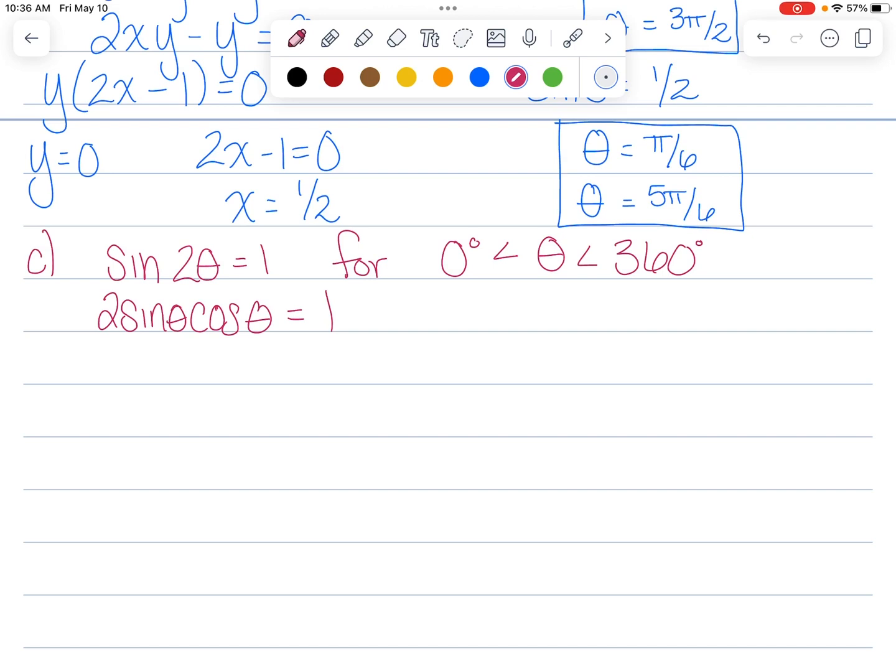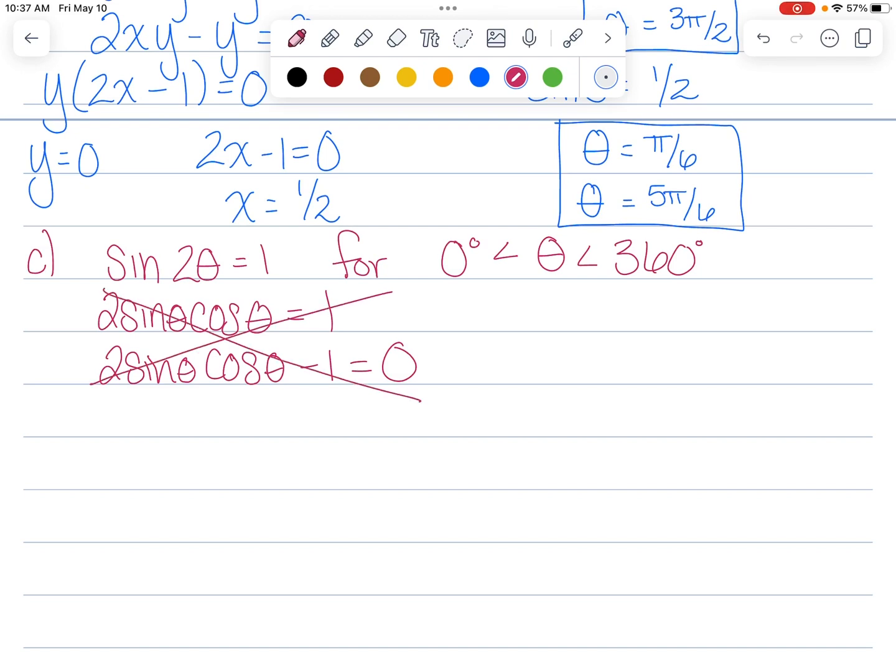Now, in order to work with two different trig ratios in solving, generally speaking, you need to be able to factor it, which means you need it to be able to be equal to 0. But getting this equal to 0 makes this unfactorable, which is not helpful.